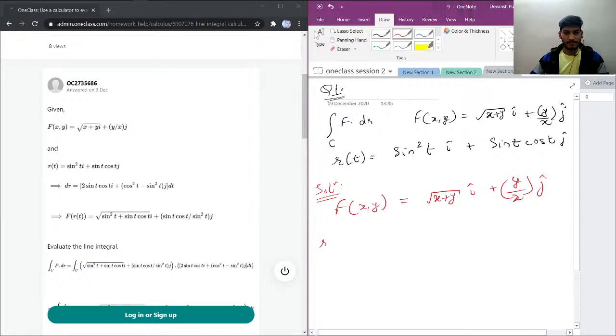Then we have function r of t which is sine square t I plus sine t cosine t j.